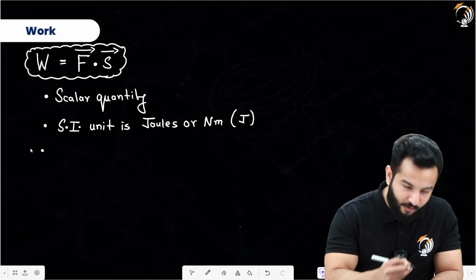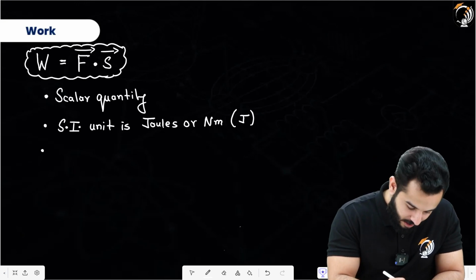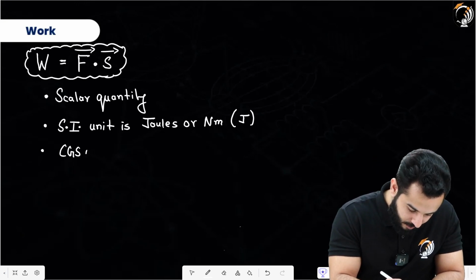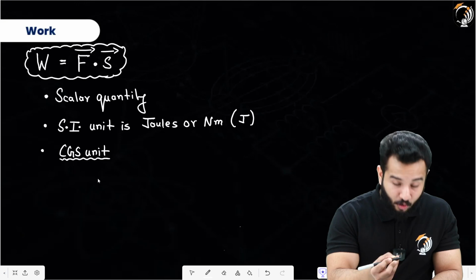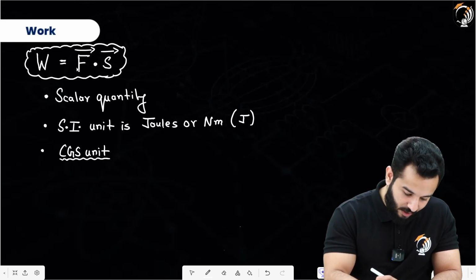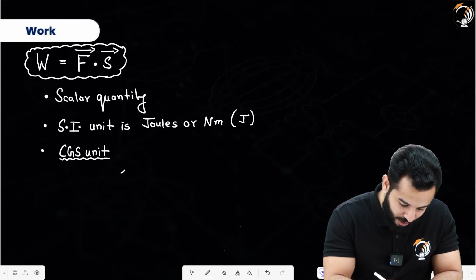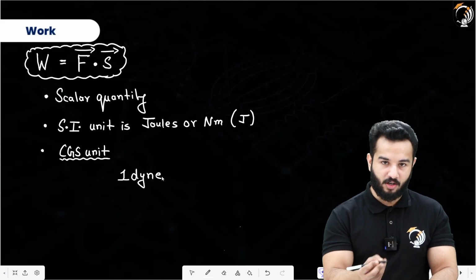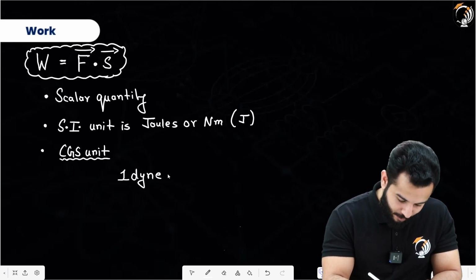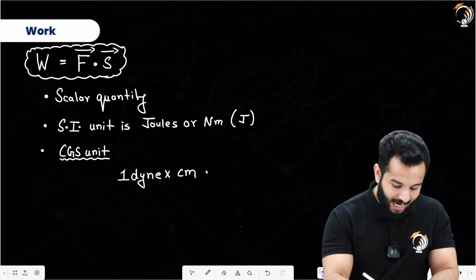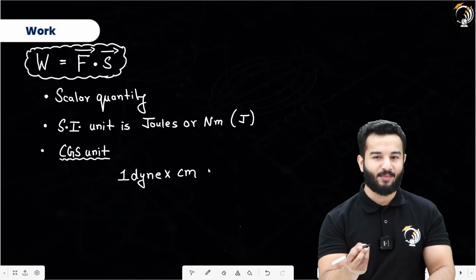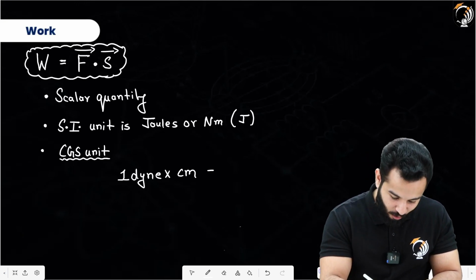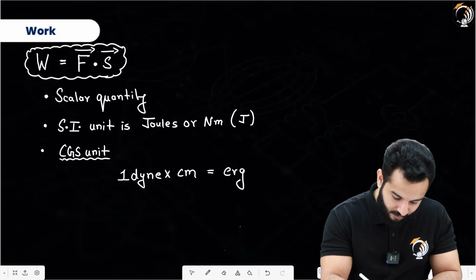Like for example, whenever you want to find out some other units, the CGS unit is going to be, and I'm going to also explain the conversion, that we know that 1 Newton can be actually called as 1 dyne. That is the CGS unit for force, times for displacement we are going to write it as centimeter. So dyne centimeter is basically something that we call as the CGS unit, which is also known as erg, right?